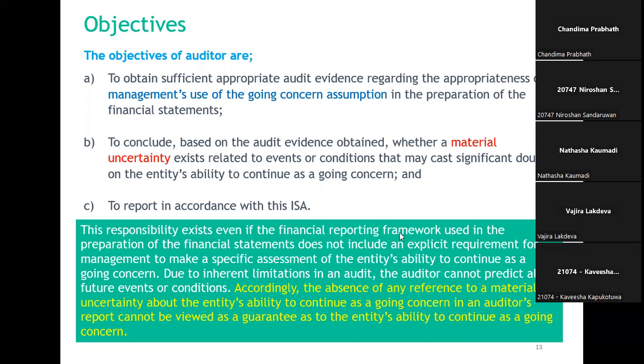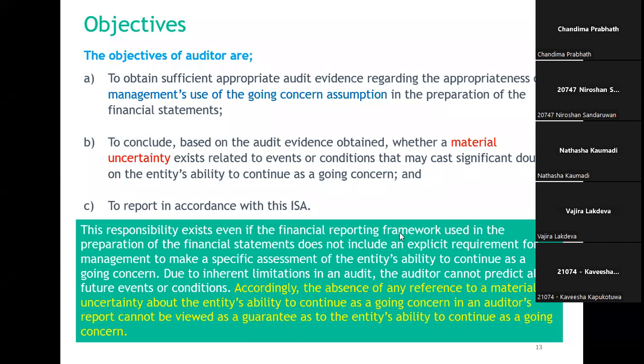The third is to report in accordance with this ISA, meaning the auditor's report conclusions related to going concern. So we will discuss that. This responsibility exists even if the financial reporting framework used in the preparation of financial statements does not include an explicit requirement for management to make a specific assessment of the entity's ability to continue as a going concern. But as per LKAS 1, it is a requirement, right?